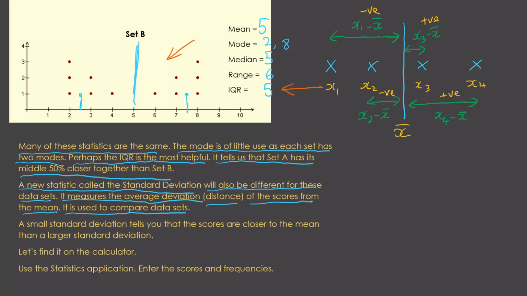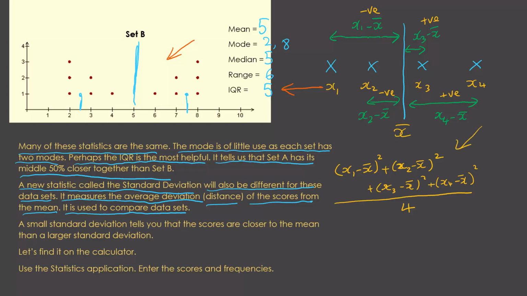But because the mean is exactly in the middle, when we add them up, it comes to 0. So what we do instead is we square them. We do x1 minus x bar squared, now it's positive, plus x2 minus x bar squared, plus x3 minus x bar squared, and x4 minus x bar squared, and now they're positive, and we divide by 4.